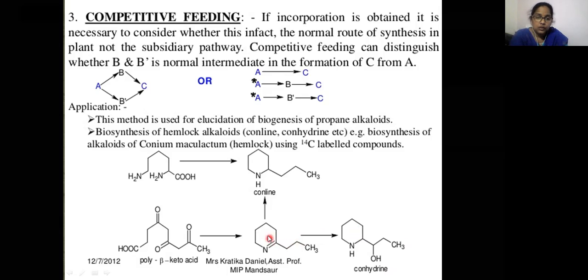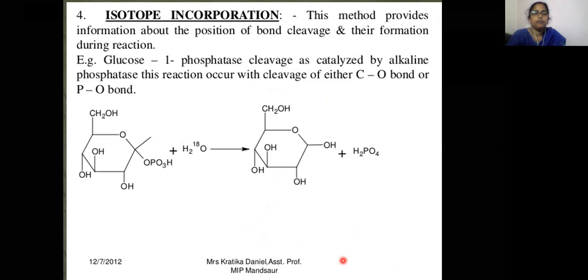This is also giving rise to coniine, right? So this intermediate is giving both coniine and conhydrine. Such types of reactions can be identified by using the competitive feeding method.